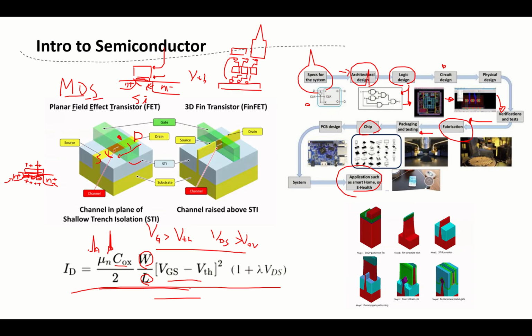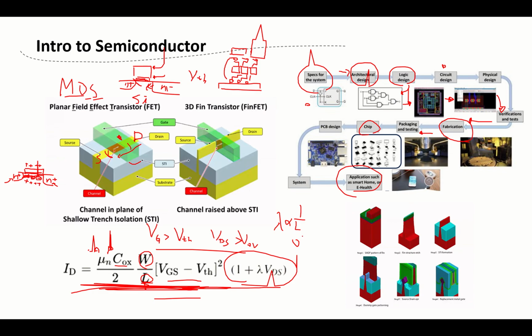theoretically the equation will be only over here, but in reality we will have this channel length modulation. So in a long channel, lambda is corresponding to 1 over L. Here is the L over here. So if it's a long channel, lambda will be 0, then nothing has an effect on the channel length modulation.